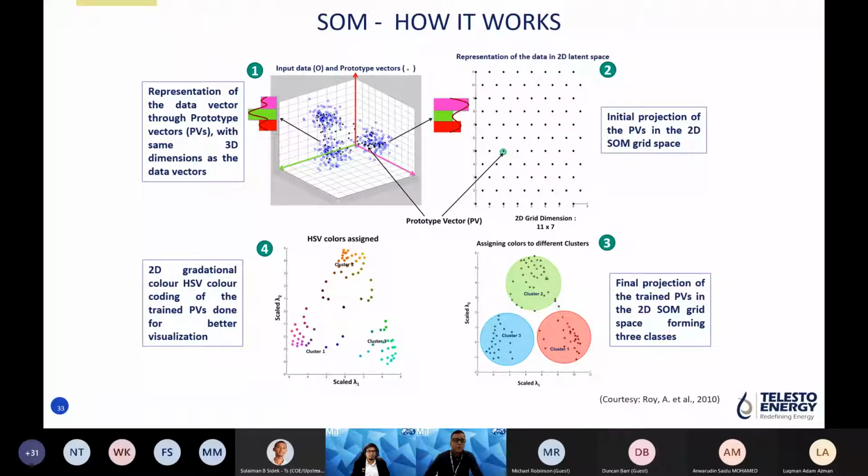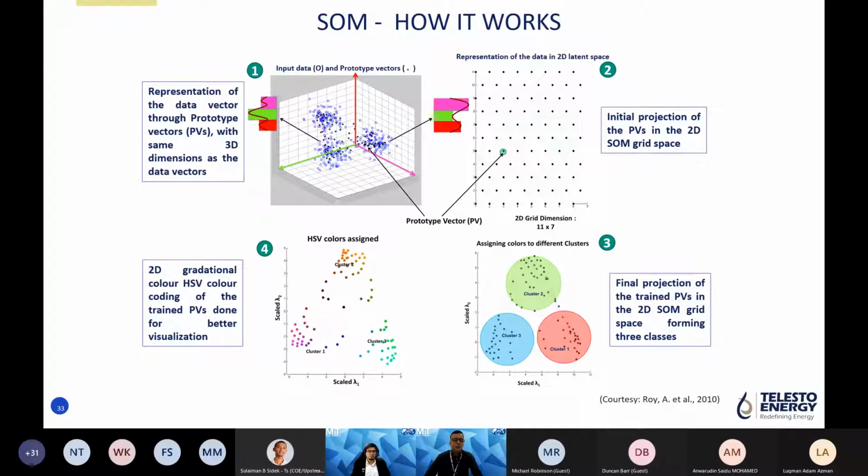The blue-black dots are the prototype vectors. The input data is from various attributes. These prototype vectors represent the input data from various attributes in 3 dimensions.